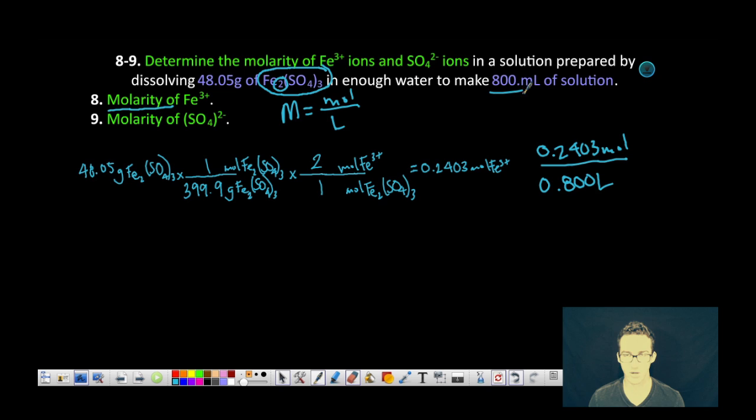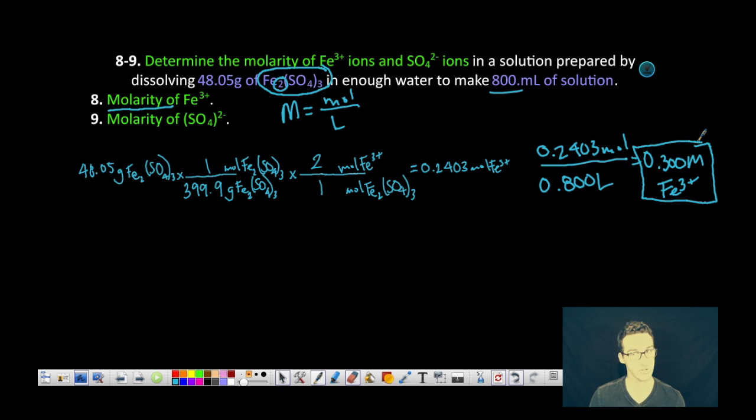Again, careful, watch out what I did there. I converted milliliters to liters to get a concentration of 0.300 molar for the Fe3+ ion. Boom. And there's our answer to question number 8.